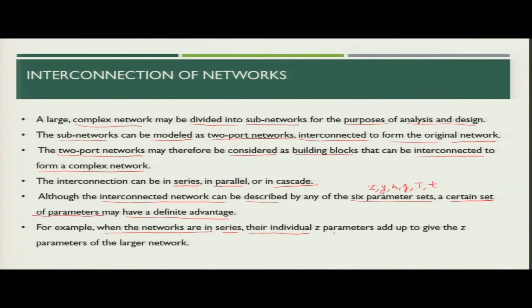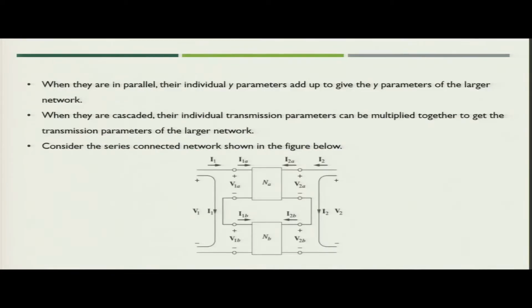Then their individual Z parameters add up to give the Z parameters of the large network. So, where the sub networks are connected in series, it is better to utilize the Z parameters to find the overall parameters of the larger network.